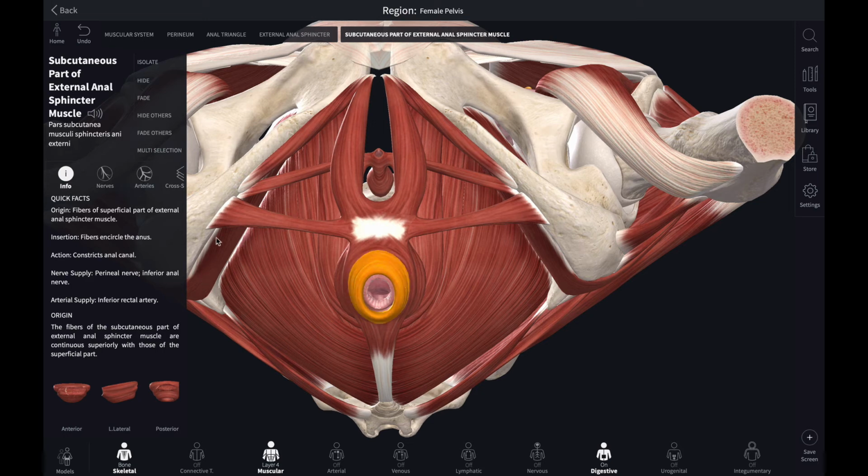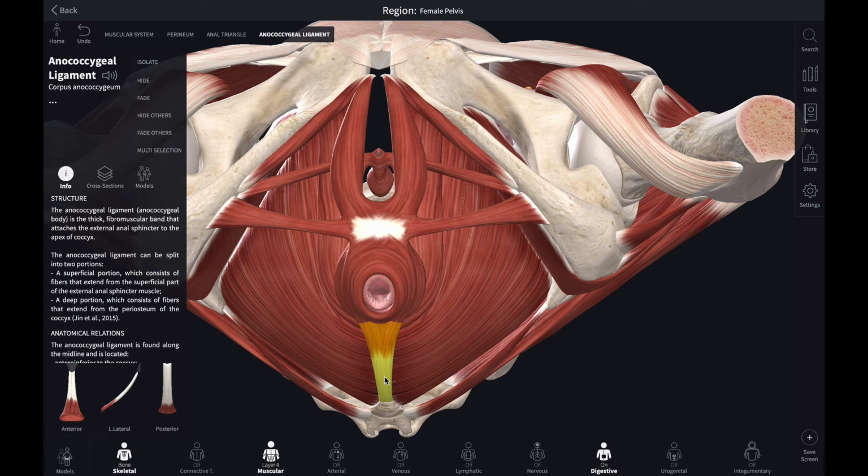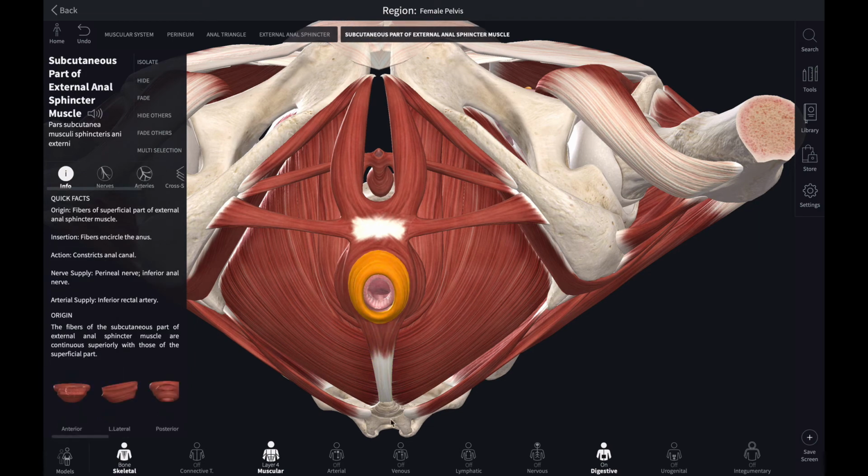And you draw one imaginary line between these two ischial spines, and this is the os pubis joint, and this is the coccyx. There is a structure called the anococcygeal ligament that is attached to the external anal sphincter and the coccyx.